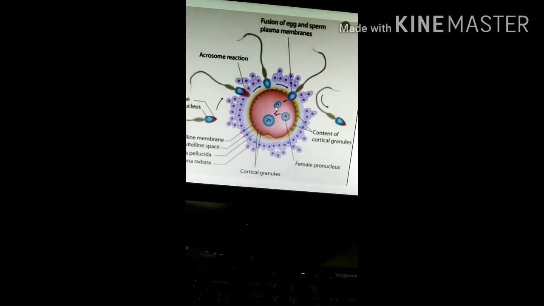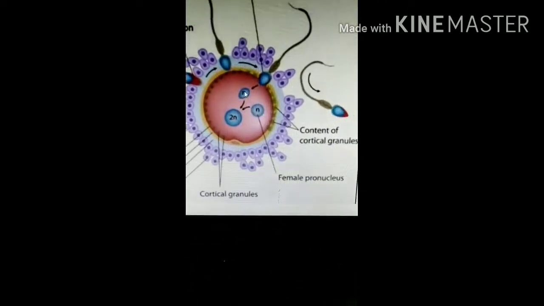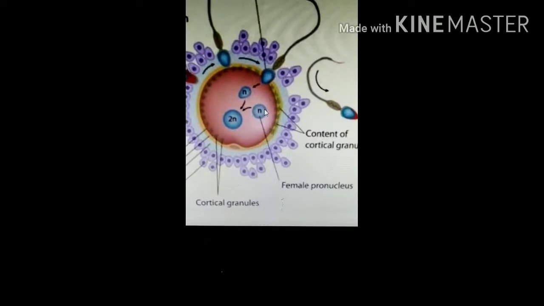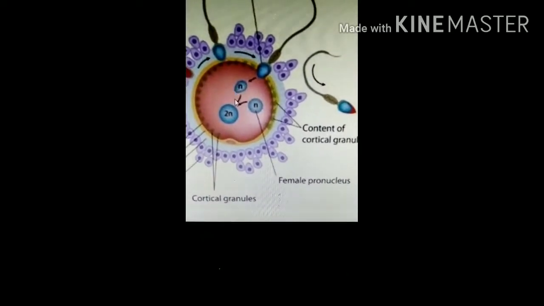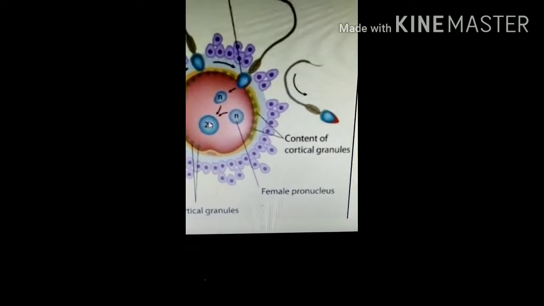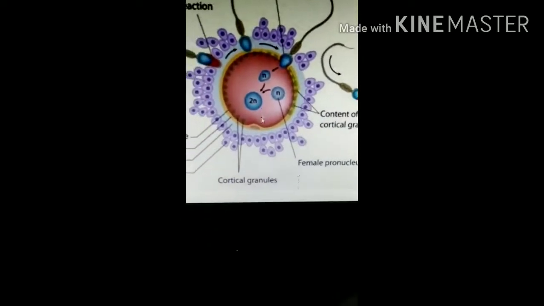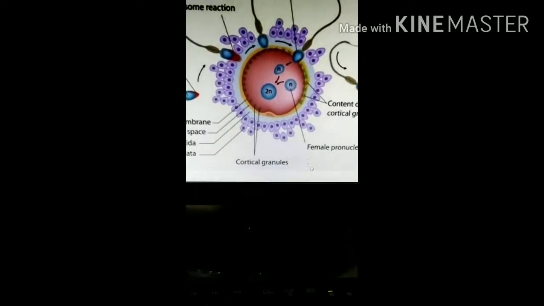They swell and form the pronuclei. The male and female pronuclei fuse and ultimately form the single-cell zygote. There is a diploid number of chromosomes.